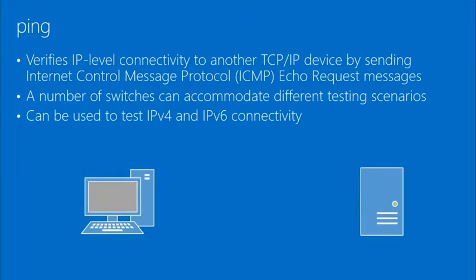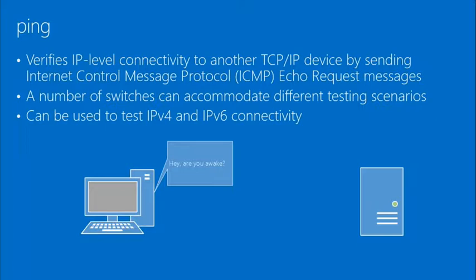Ping. Ping is a very low-level method of verifying connectivity. So you verify connectivity with an ICMP echo request message. And if we look at the graphic here, thanks to Christopher for these amazing graphics.